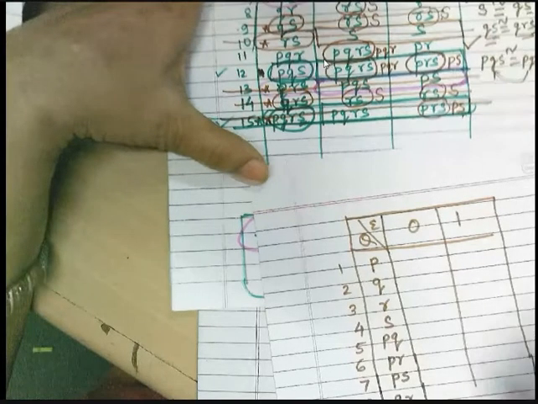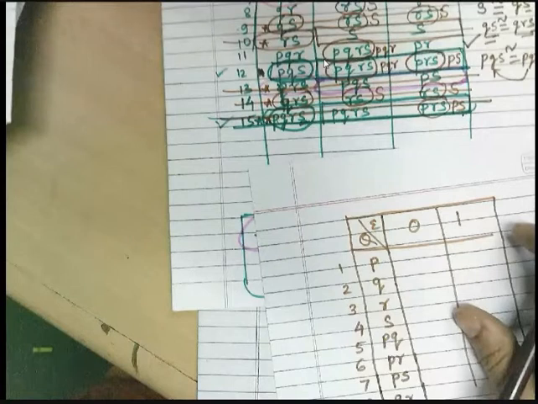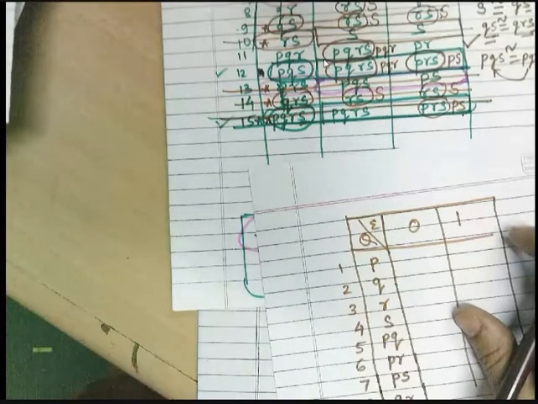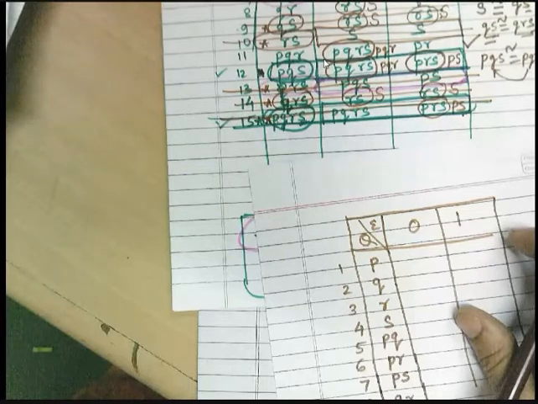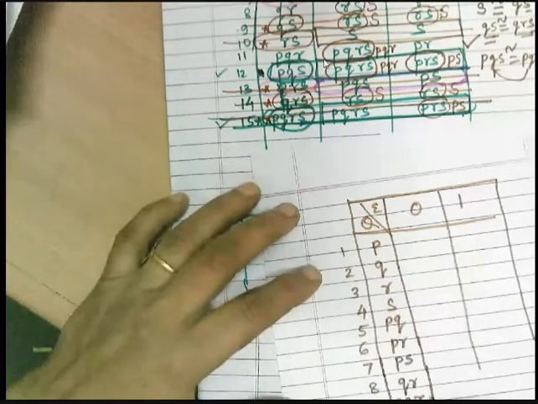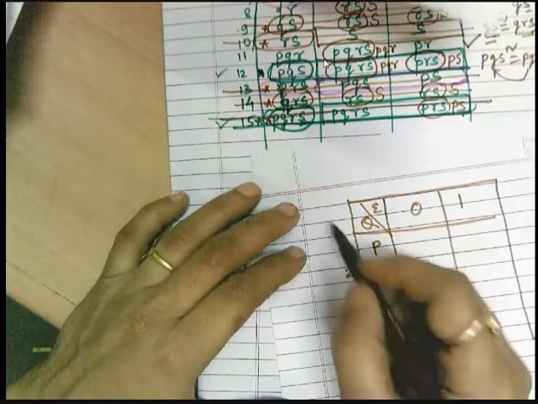Okay, so let me check. Add also the same number of states. So P, Q, R, S, PQ, PR, PS, QR, and PQR, right? So these were the original numbers, right?